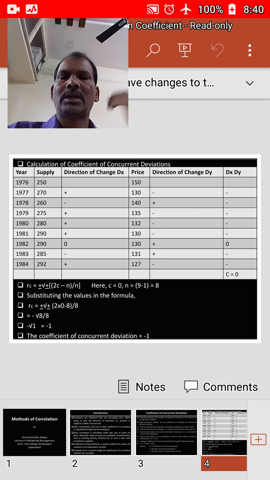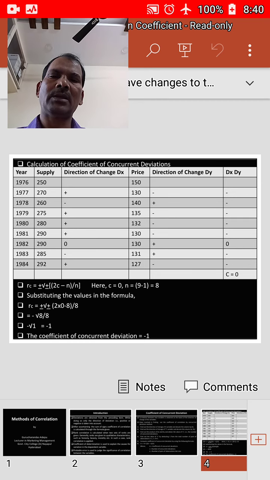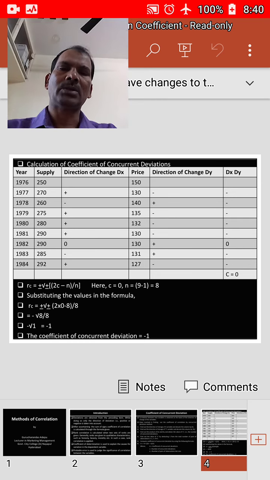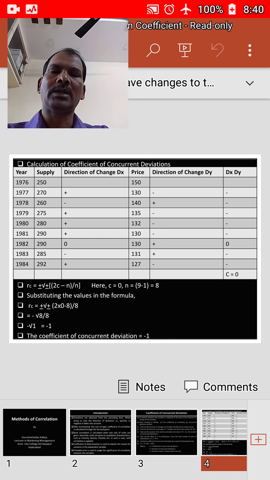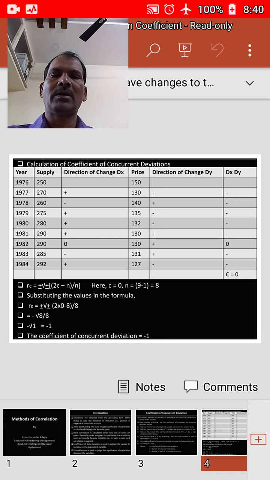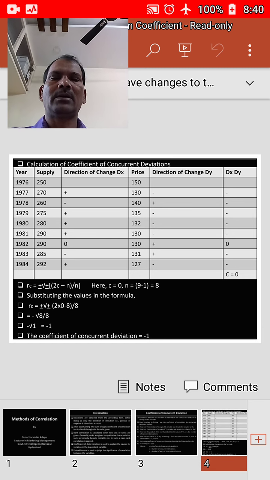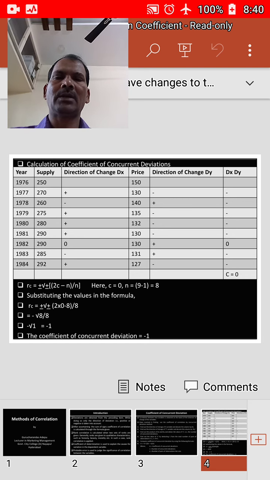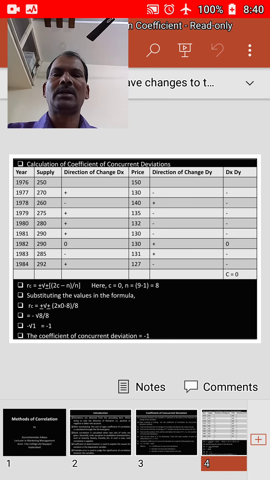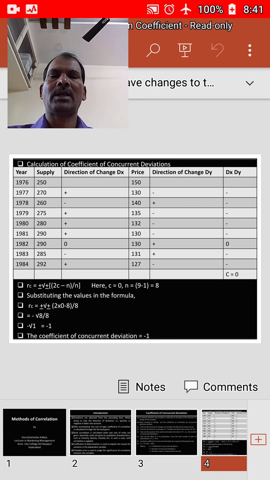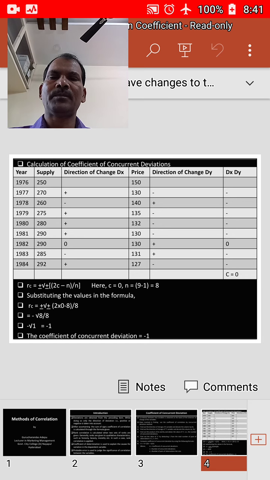In 1978 it is 260, and in 1979 it is 275, there is an increase, hence we need to put plus. From 1979, 275, to 1980, 280, there is an increase, we need to put a plus sign. In 1981, 290, compared with 280 in 1980, there is an increase, hence again a plus sign.